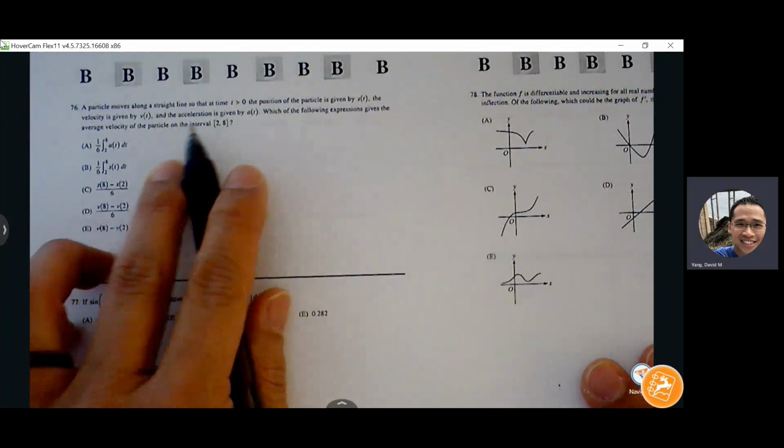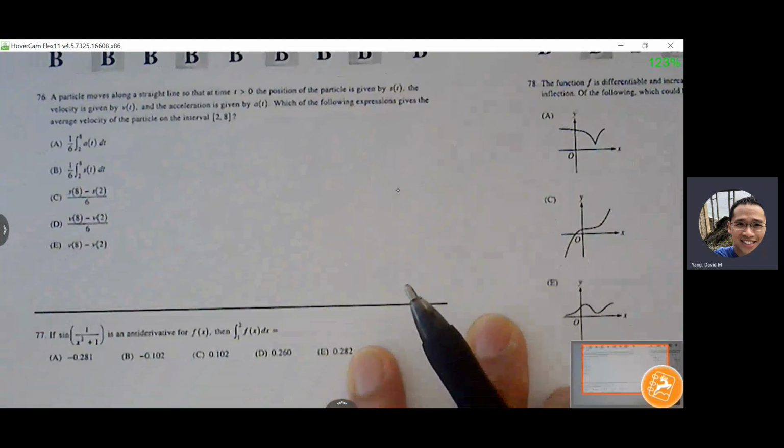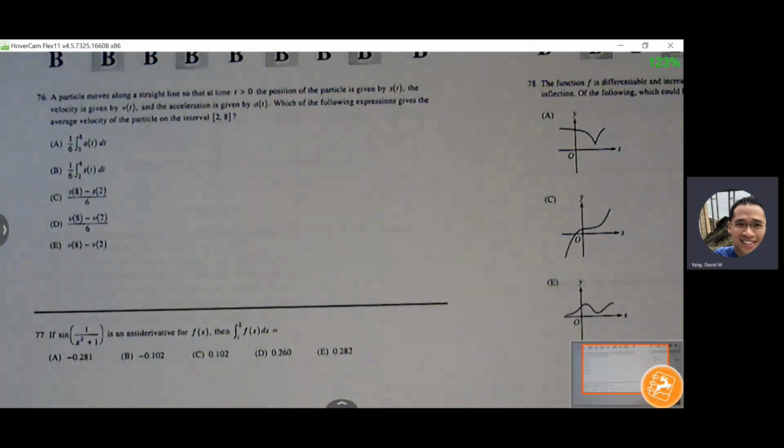Okay, so a particle moves along a straight line so that at time t greater than 0, the position of the particle is given by s of t, velocity is v of t, acceleration is a of t. Which of the following gives the average velocity?